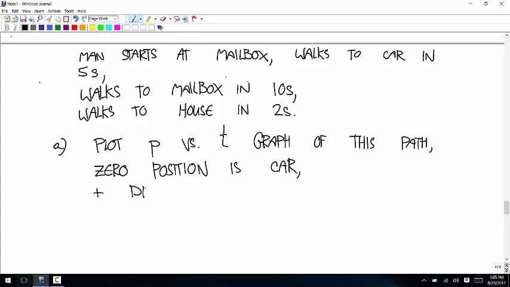The positive direction is towards the house. And 0 time is when the man starts walking.